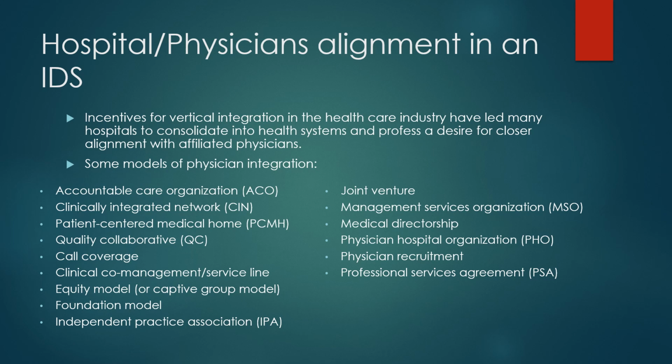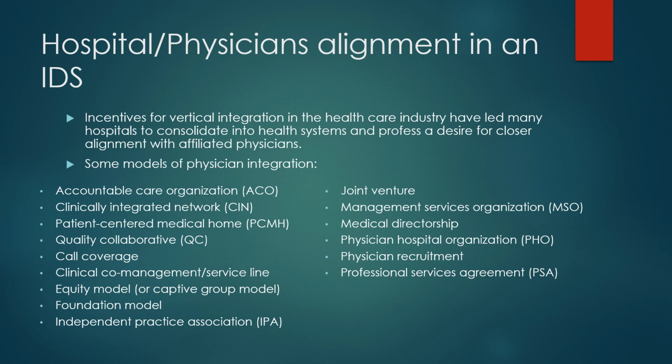Hospital-physician alignment in an IDS. Incentives for vertical integration in the healthcare industry have led many hospitals to consolidate into health systems and profess a desire for closer alignment with affiliated physicians.